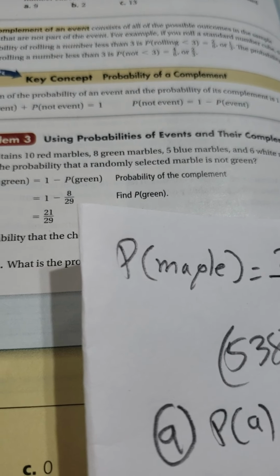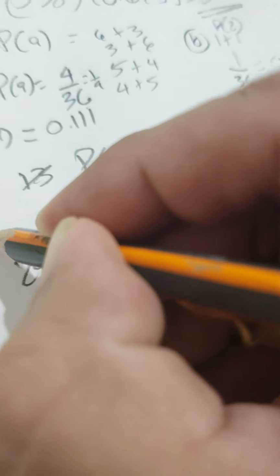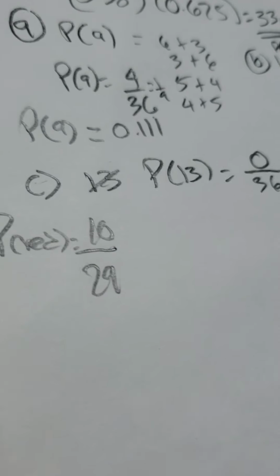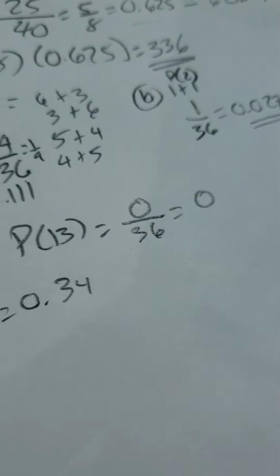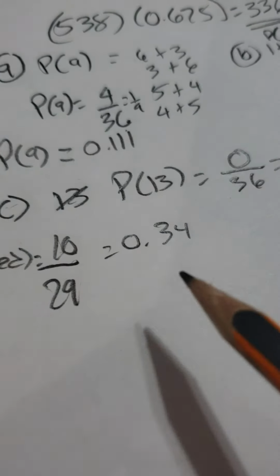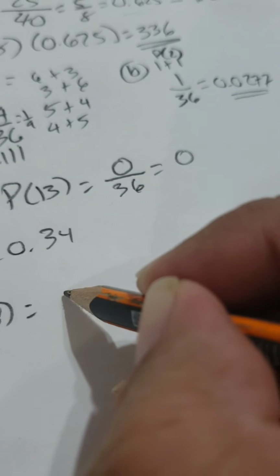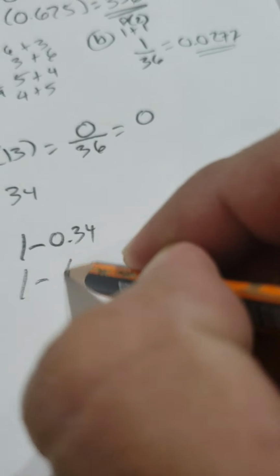Now, to get red, P of red is equal to 10 divided by 29, that is 0.34. That is P of red, 0.34. But P of not red is simply 1 minus 0.34, or 1 minus 10 divided by 29.